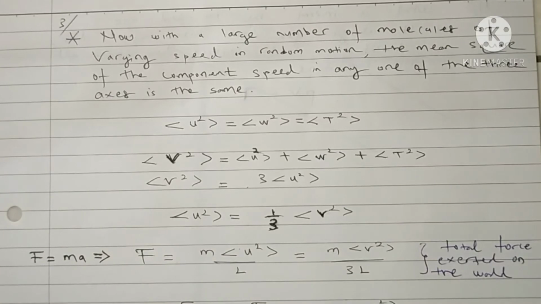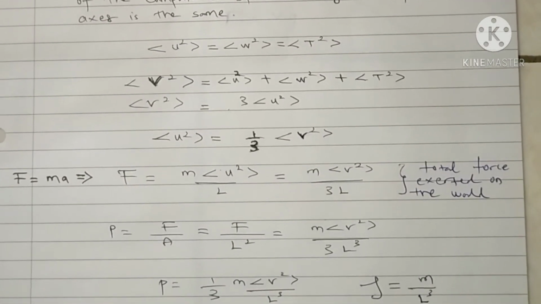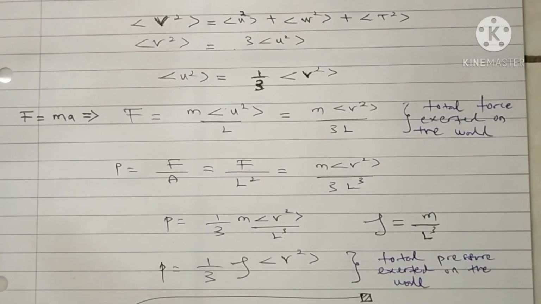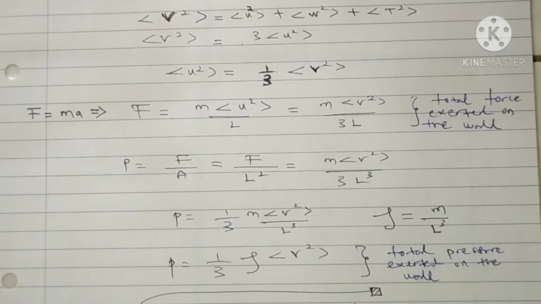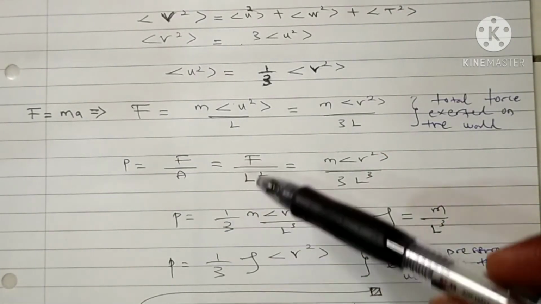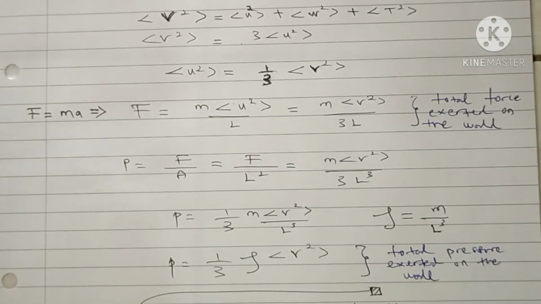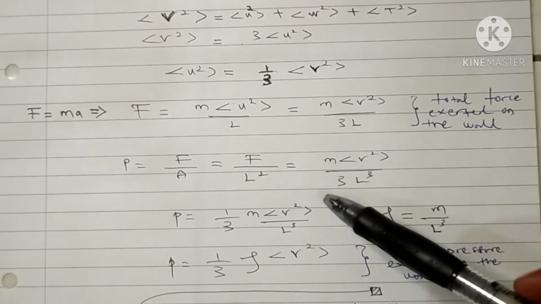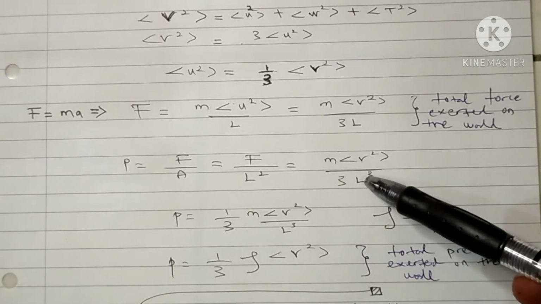You do the same process to find the total pressure exerted on the wall. The pressure equals F per unit area. Area is L squared and F is m times the mean square speed of v over 3L, so the pressure is m times the mean square speed of v divided by 3L cubed. L cubed here is volume, so mass per volume is density.